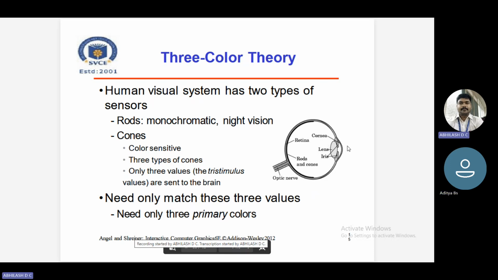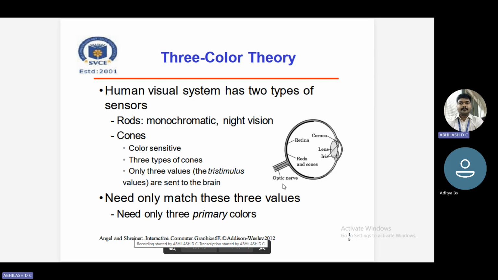So when the light falls on the object here, the reflection of the light rays will fall on the eye, and it passes through the cornea. It passes through the lens, and it falls on the retina. The image will be in reverse when it falls on the retina, and the information falling on the retina will be sent to the brain using the optic nerve.